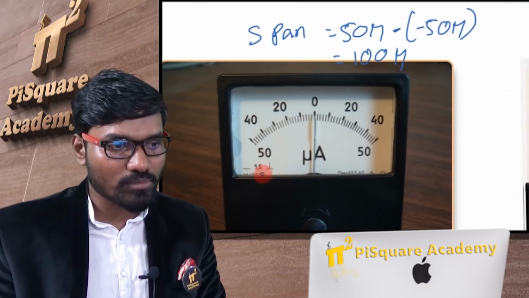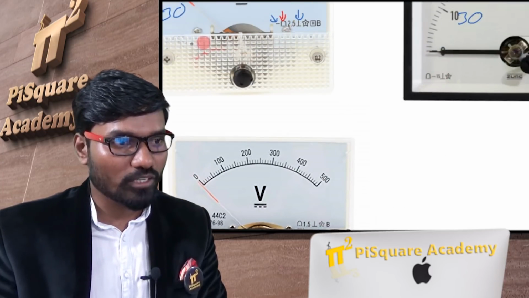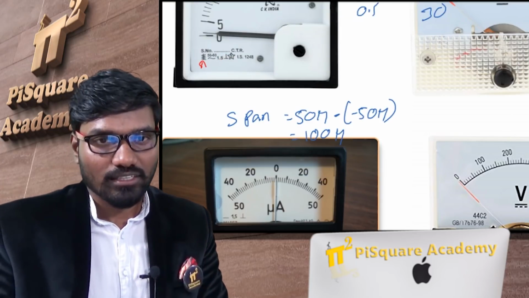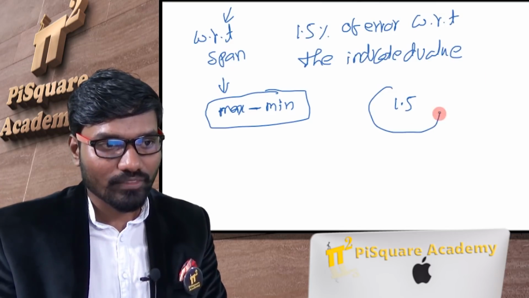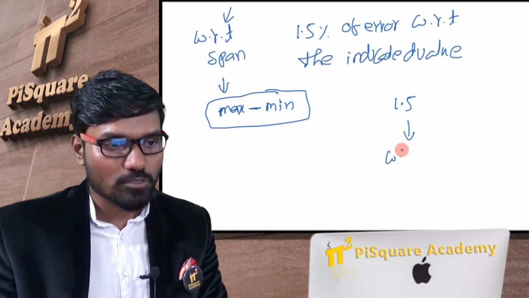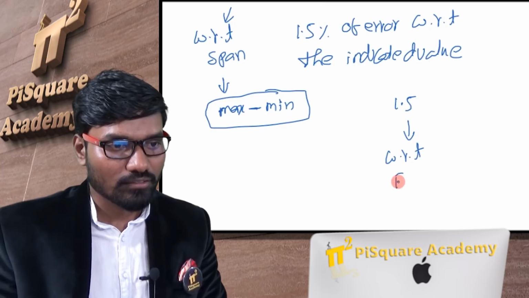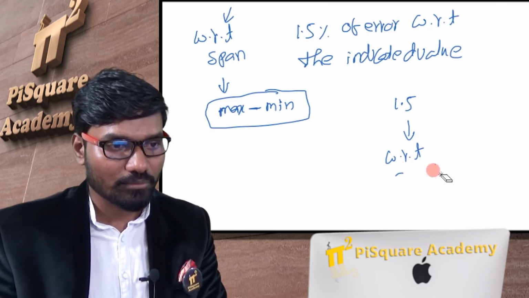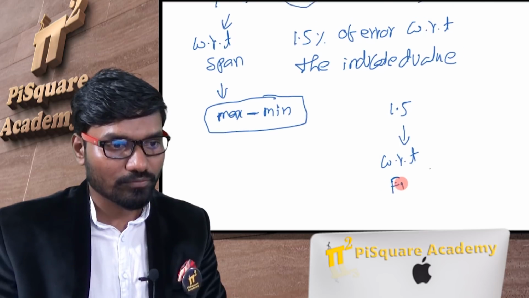See here all the instruments 1.5, here 1.5, 1.5, 2.5, 1.5. There is no other symbol except the number. In that case, what is the reference value? This means with respect to fiducial value. Okay, write again, fiducial value.